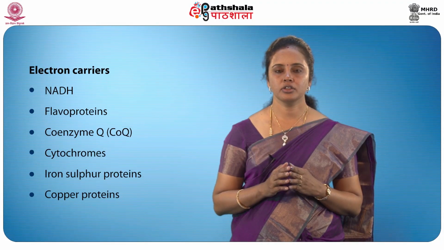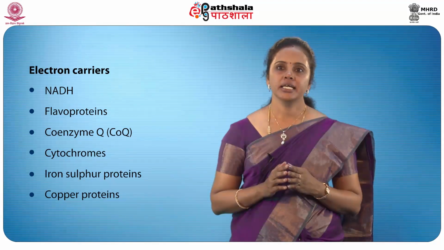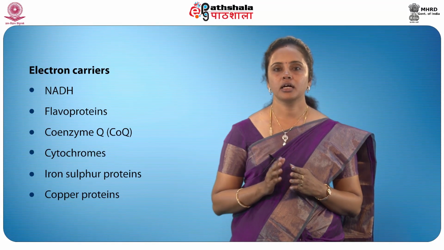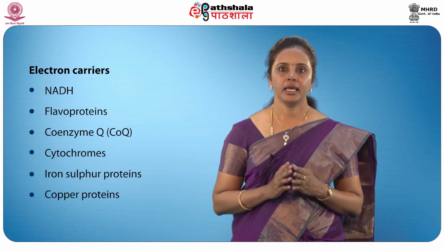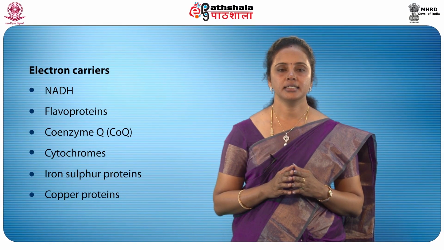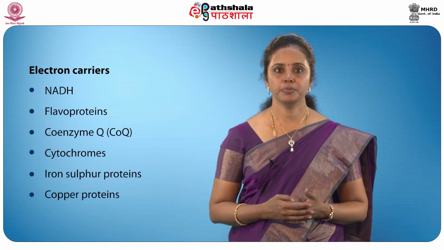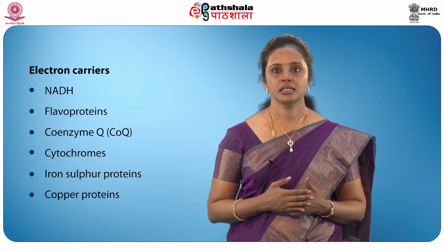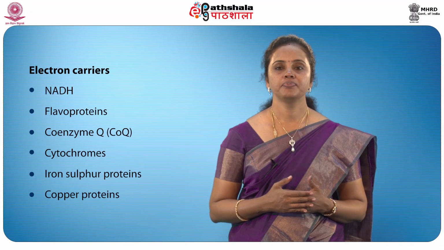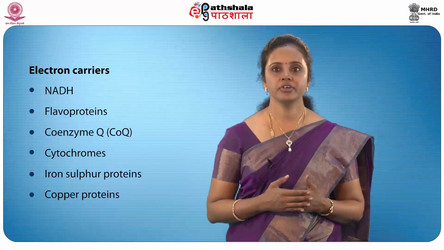Next are cytochromes. These are proteins that function as 1 electron carriers. Cytochrome C, C1, A and A3 are the different cytochromes seen. Next is iron sulfur proteins. These are non-heme iron sulfur proteins. They are FeS, Fe2S2 and Fe3S4.